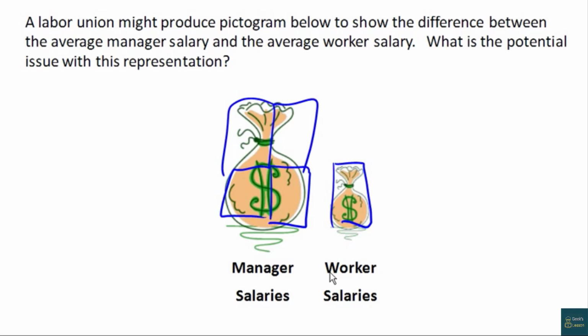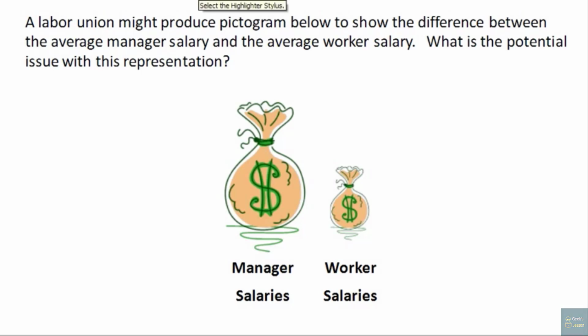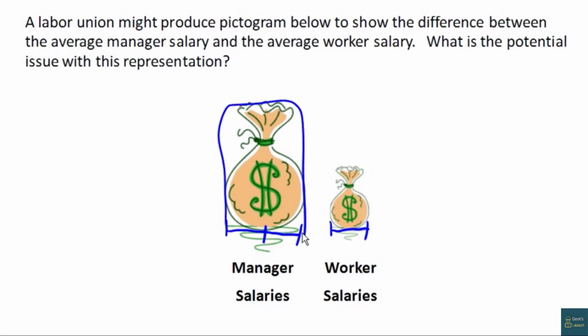But it's sometimes hard to tell, because not everyone does things that way. It could be that the manager's salaries are only twice as big as the worker's salaries, and the person creating this representation said, "Oh, look, it's only twice as big," right? And so that visual distortion of area versus a length really makes this hard to tell based on the graphic what's really going on.